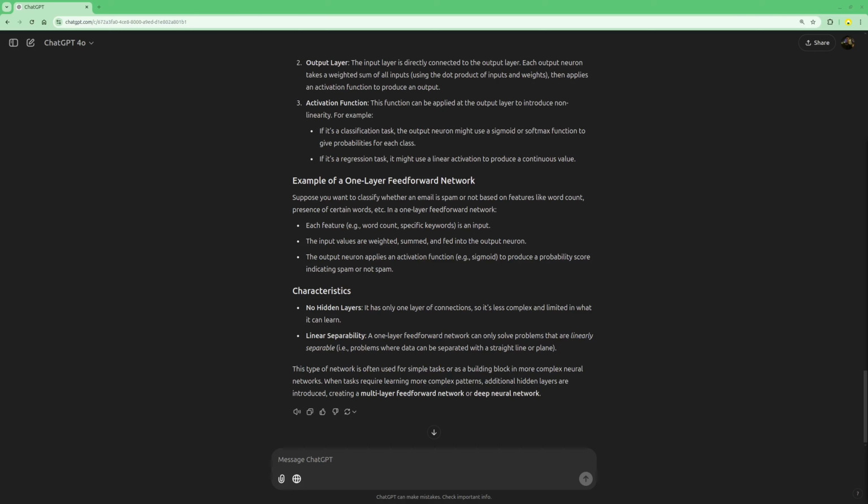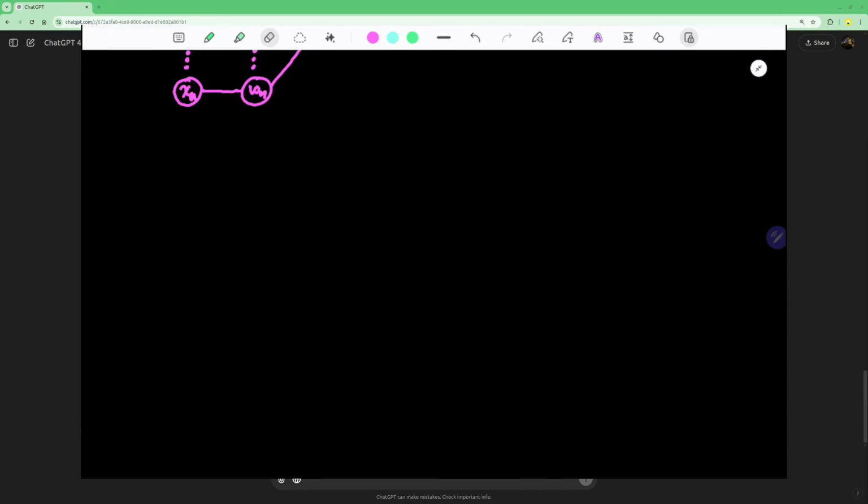All right. So we have layers. We also have the activation function.